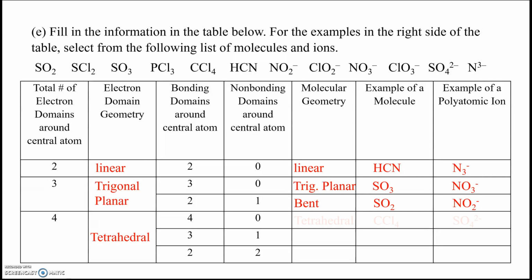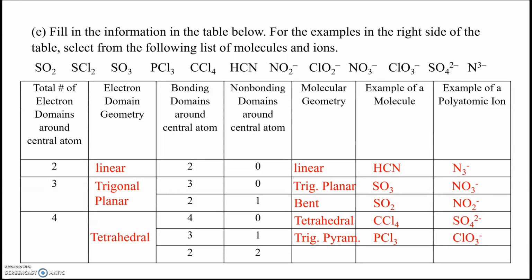When I have 4 and 0, that still stays the tetrahedral shape. An example of this, picking from this list, would be carbon tetrachloride, and an example of a polyatomic ion would be the sulfate ion. When I have 3 bonding domains and 1 non-bonding domain, that's going to be the trigonal pyramidal shape.